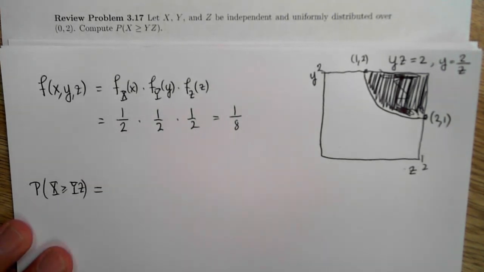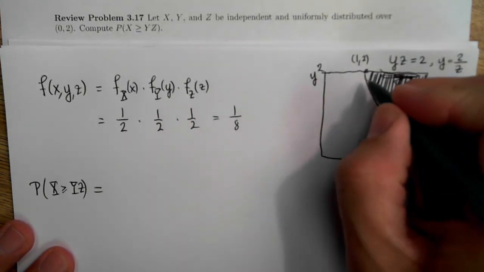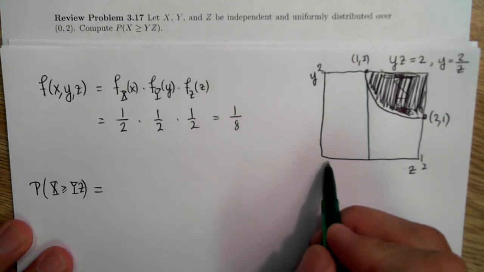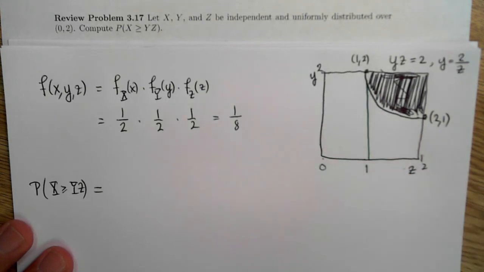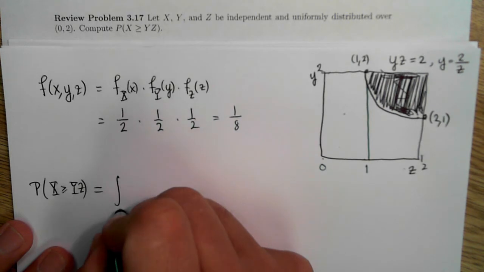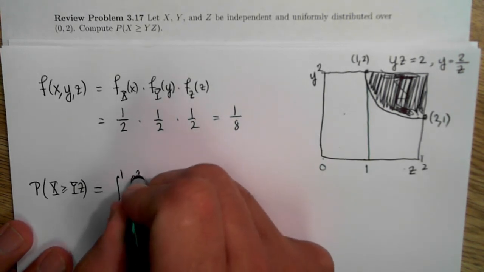Okay, first as I can see here, if I'm going to integrate over this part of my domain, I have two cases to worry about. First case is going to be this part over here when z is between 0 and 1. So in this part over here to the left, the z coordinates go from 0 to 1, and the y coordinates go from 0 to 2.